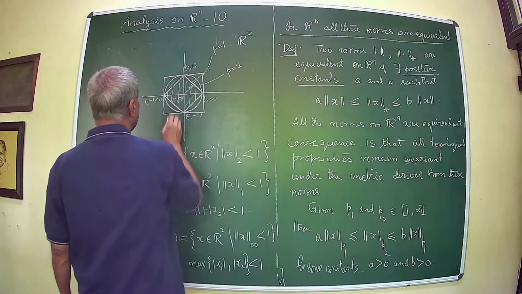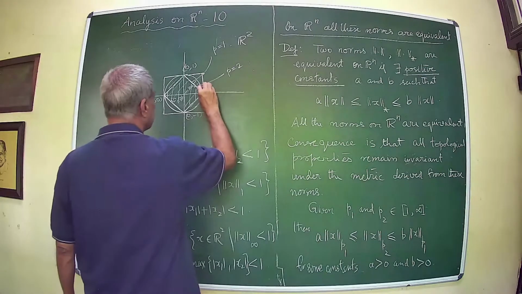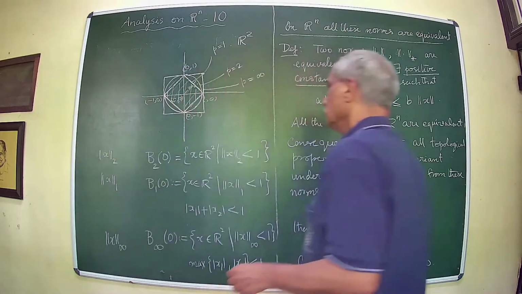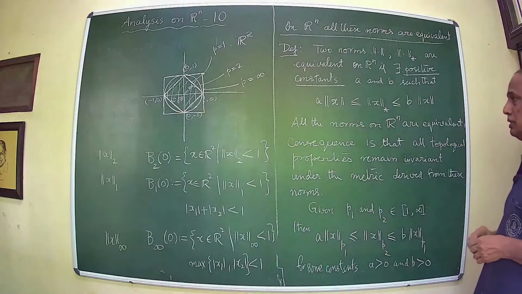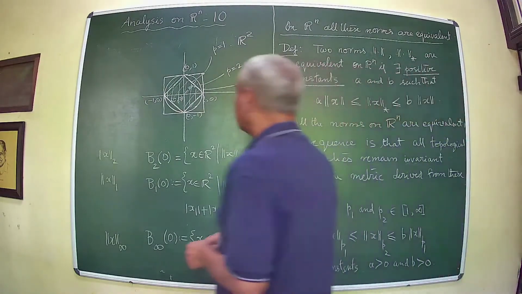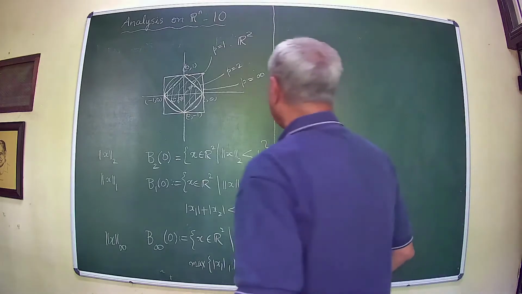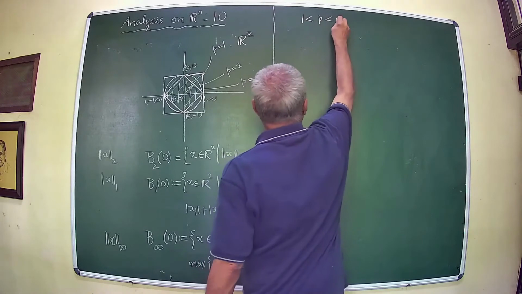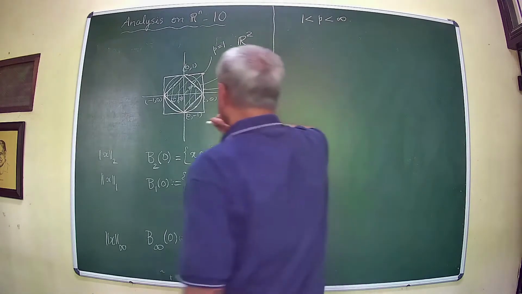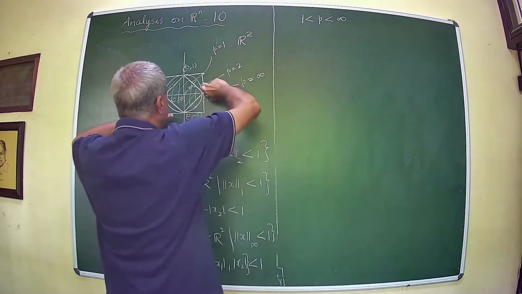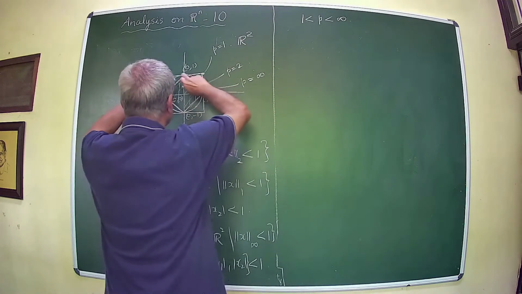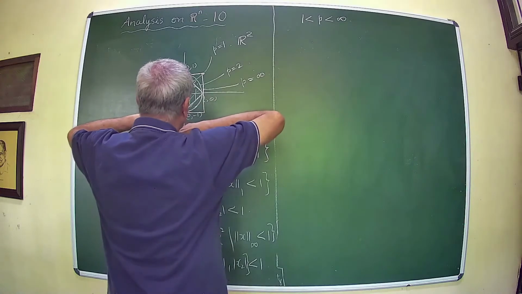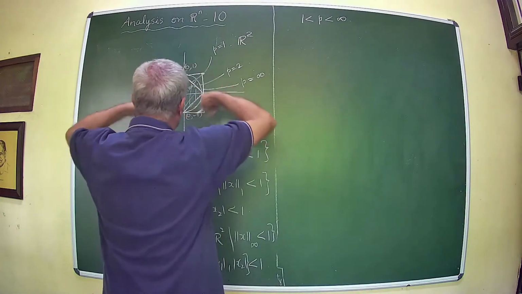So this is the shape of the unit ball. Now one can see that if 1 < p < infinity, then, so this is when p equal to infinity, this is the boundary of the unit ball when p equal to 1, and all others are going to be in between.